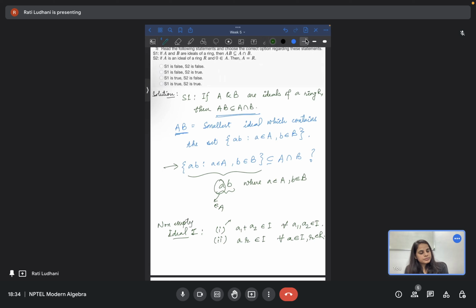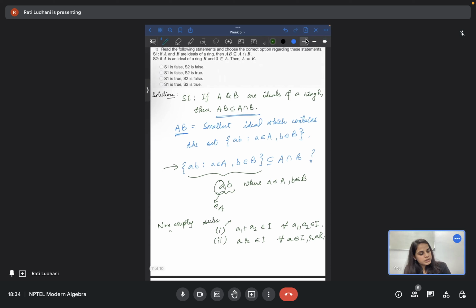A non-empty subset I of the ring R is said to be an ideal if this is true and this is true. So two things should be true to say that this is an ideal. This is just a reminder of the definition of an ideal.